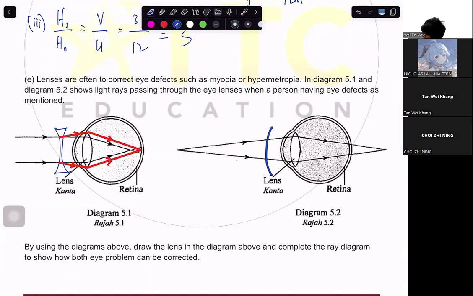Yeah, I add a same shape lens so that it can help him to focus in the light first, and then only my eyes will focus it. Does that make sense? Yeah, the first one, maybe I should draw a bit more obvious.